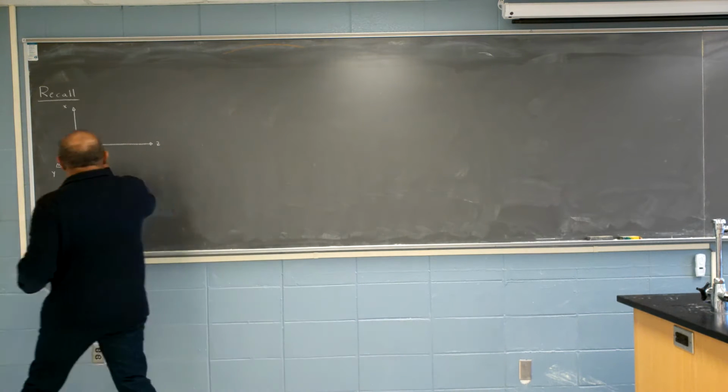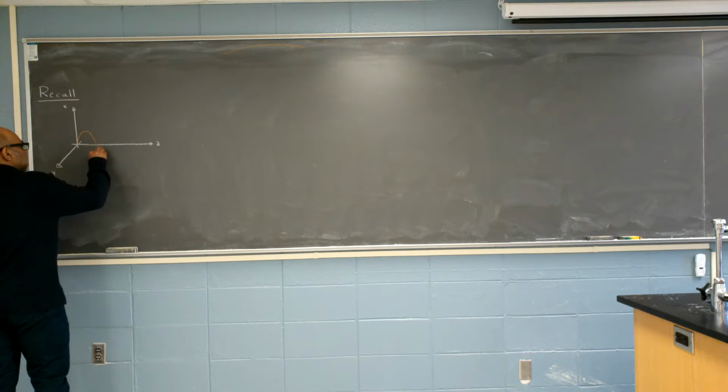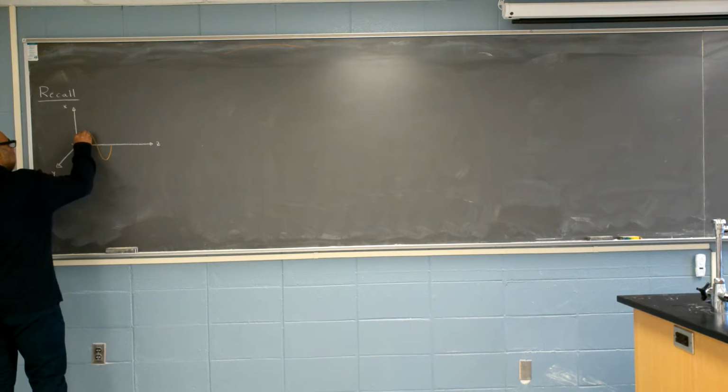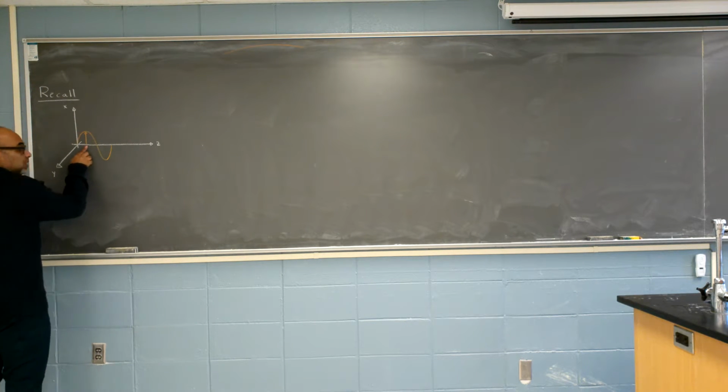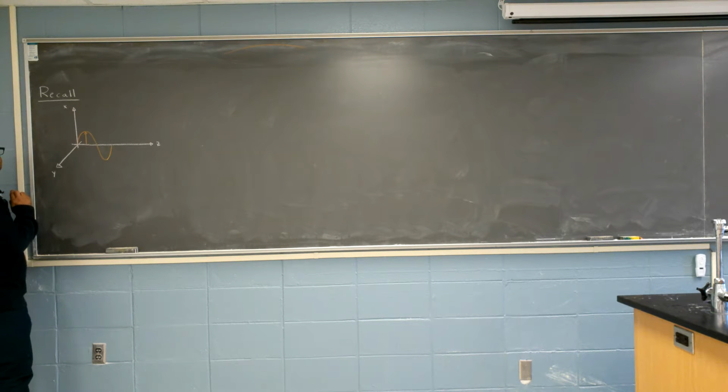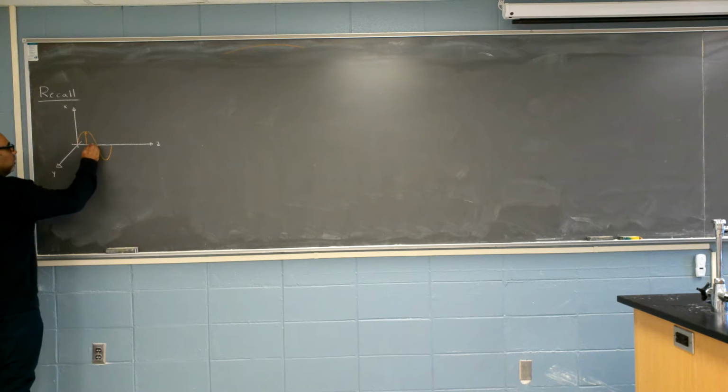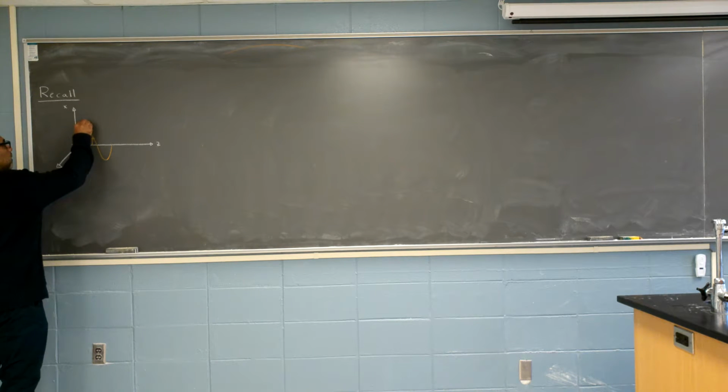So you would have, when I draw this, it means at this point, that's the electric field. That's what I mean. At this point, that's the electric field. Okay?